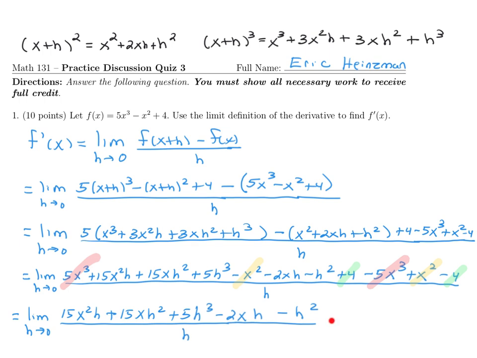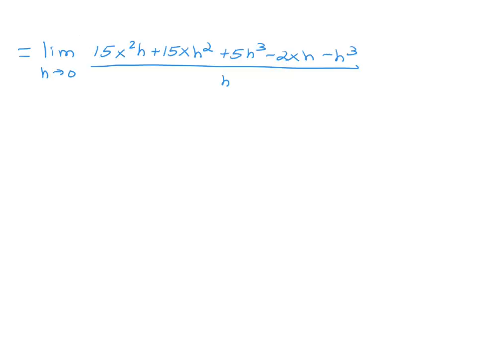So I'm going to move on to another slide, but from this step here, every term has at least one h in it. I'm going to factor it out, cancel with this h, and then I'll be allowed to put 0 in everything of the h's that remains. Okay, in this next step, this is the limit as h goes to 0 of, so I'm going to factor out an h from every term.